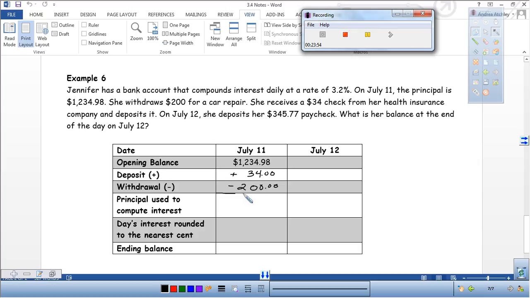You need to total these out, add this and subtract this, to get the principal used to compute our interest. And we should get $1,068.98.